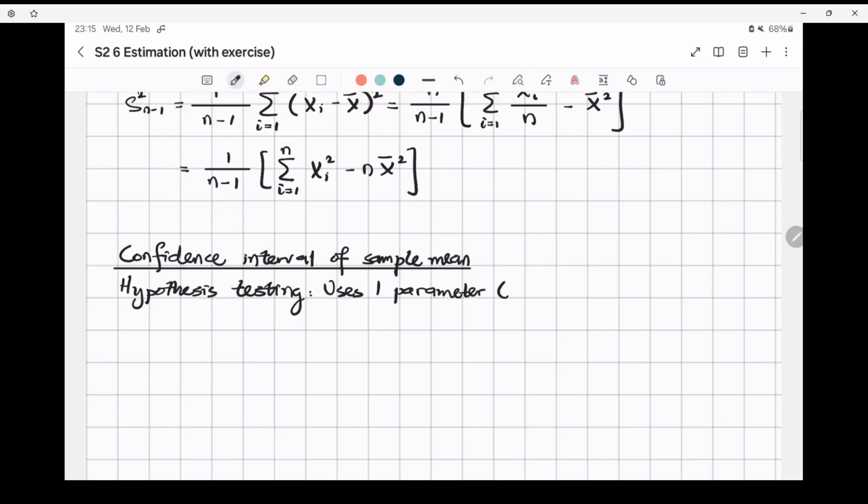Usually that will be testing whether or not your population mean satisfies your null hypothesis or not. So hypothesis testing usually just tests on one parameter, just uses one parameter to test the claim.